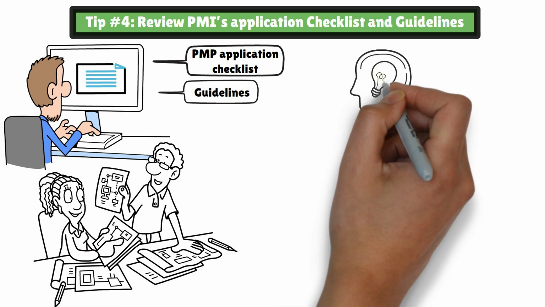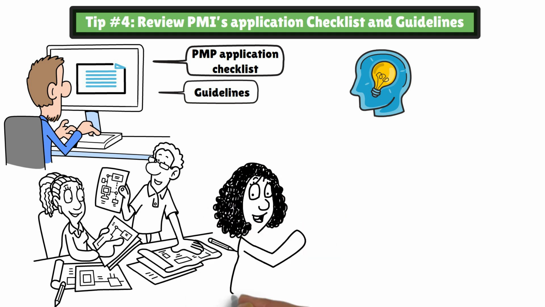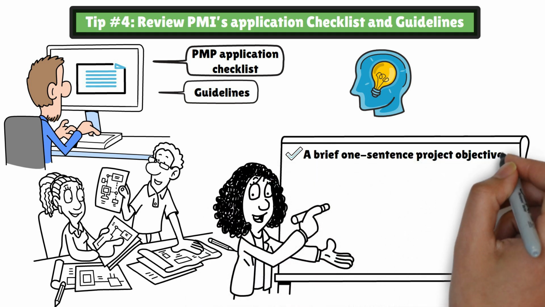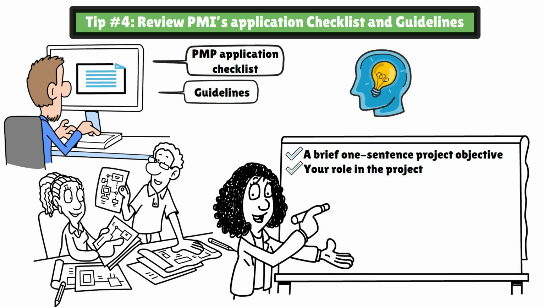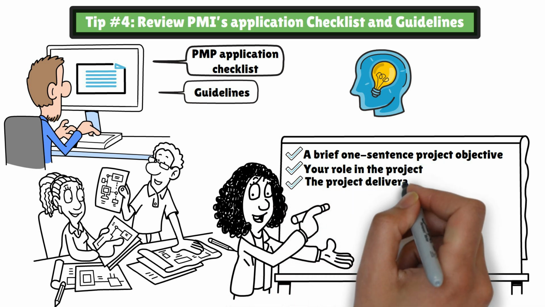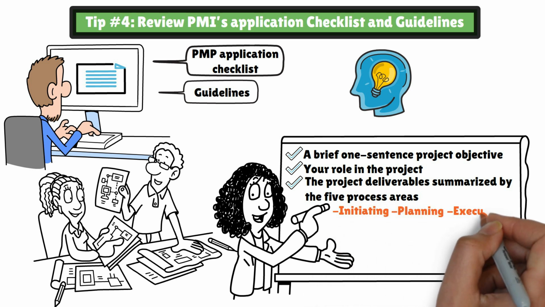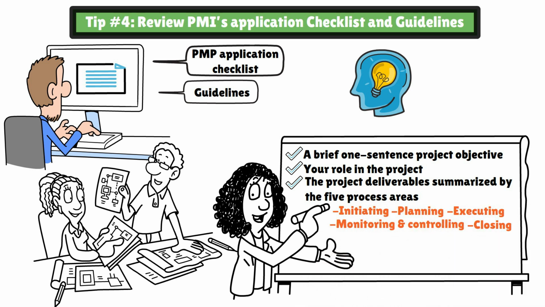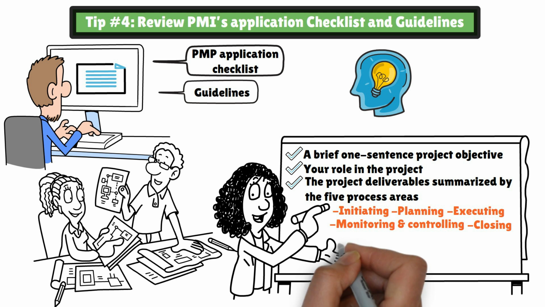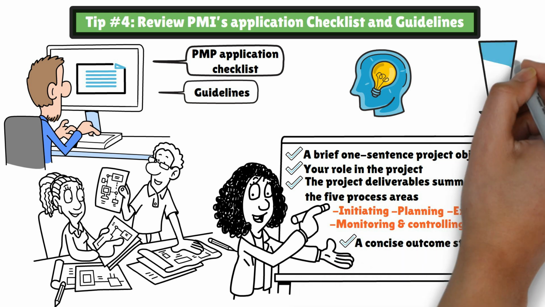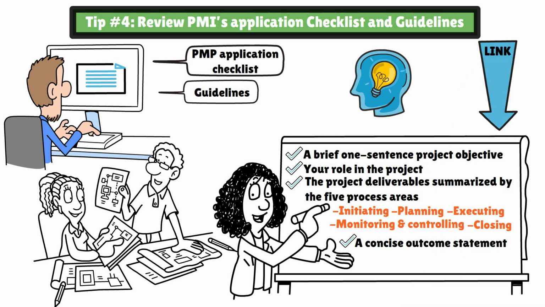In the guideline, PMI provides the recommended format for writing the PMP project description, which includes a brief one-sentence project objective, your role in the project, the project deliverables summarized by the 5 process areas including initiating, planning, executing, monitoring and controlling, and closing, and finally, a concise outcome statement. I will provide a link to my article with the checklist and guidelines and all the tips mentioned in the description of this video below. Once you reviewed the guidelines and the checklist, let's move on.